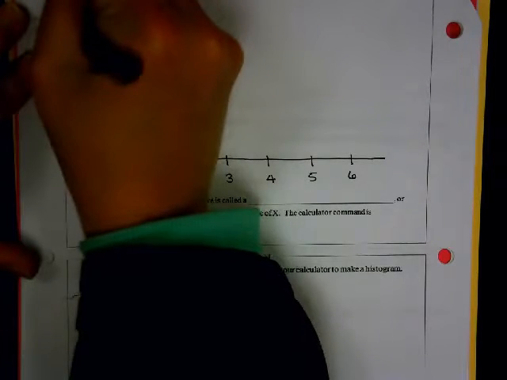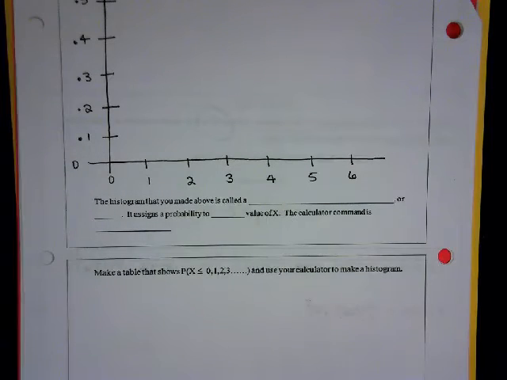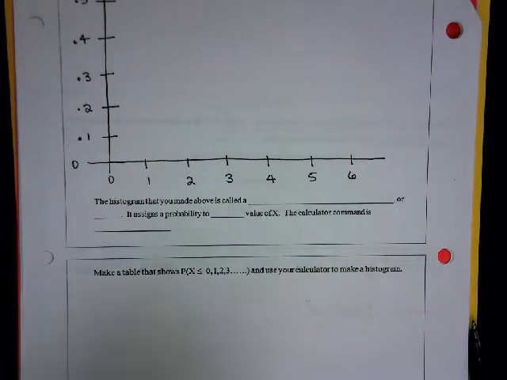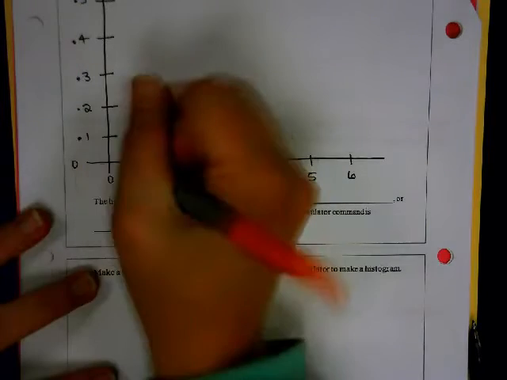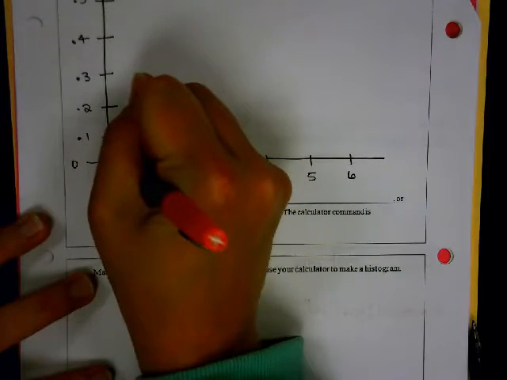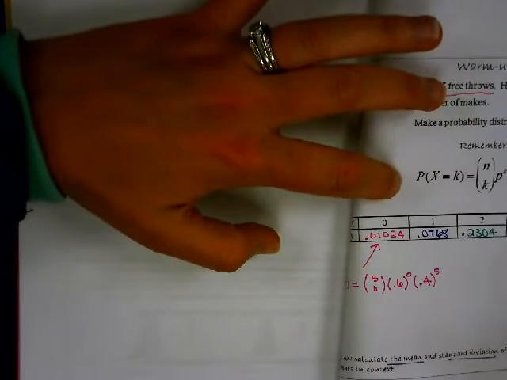From 0 to 1 is going to represent making 0 free throws, which the probability of that from the warm-up we know is 0.01024, so just barely going to get off the x-axis.